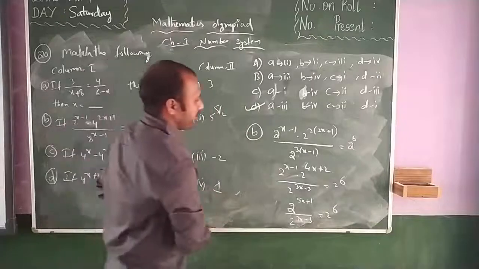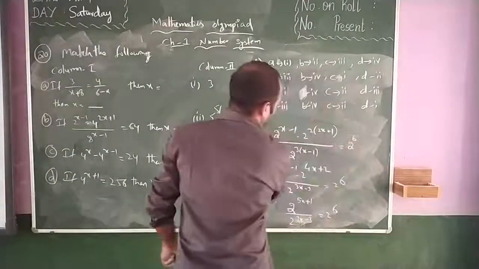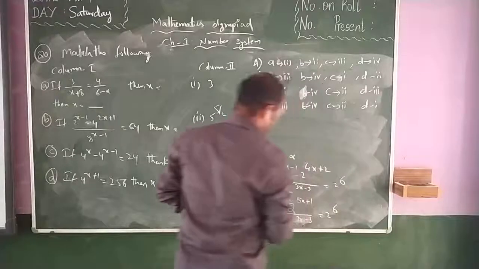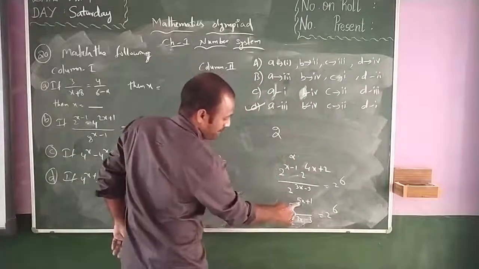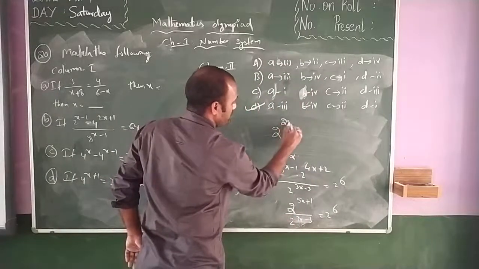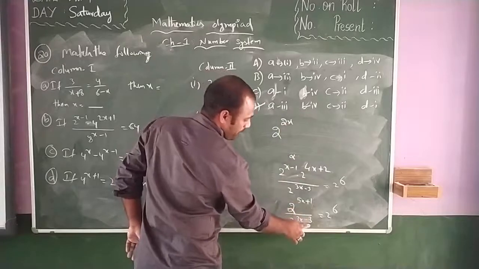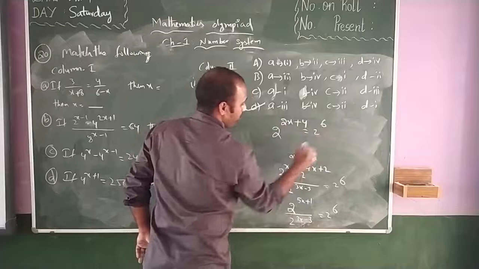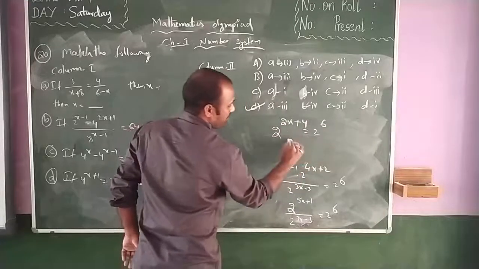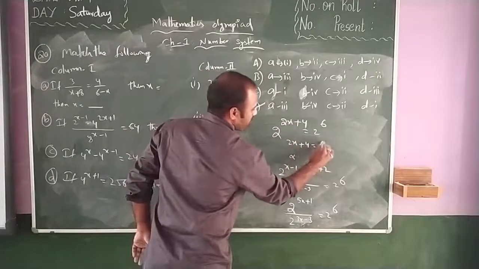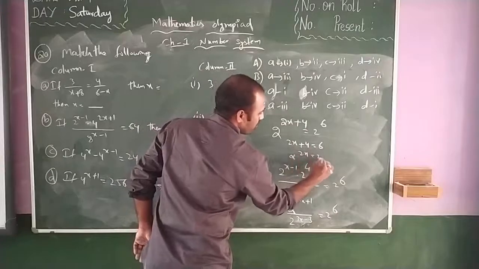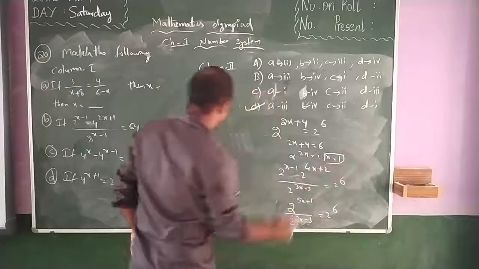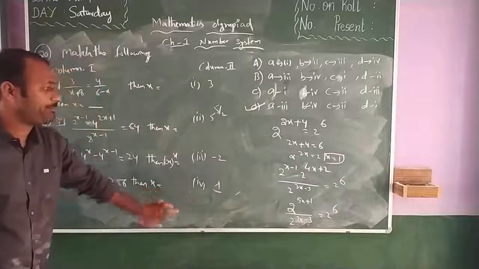So that can be written as 2 to the power of 5x minus 3x, which is 2x, 1 plus 3, which is 4, is equal to 2 to the power of 6. So the bases are the same, we can equate the powers. So 2x plus 4 is equal to 6. 2x is equal to 2. x is equal to 1. So the option is 4.